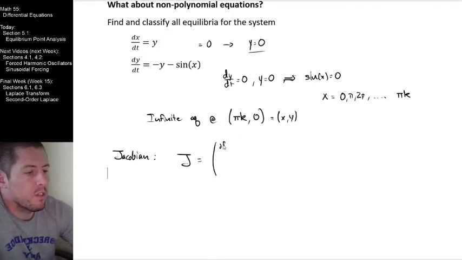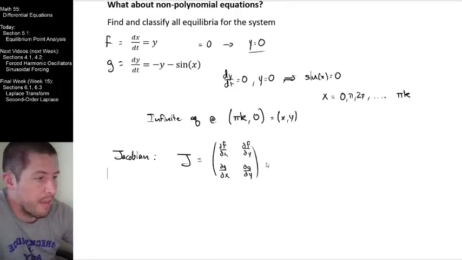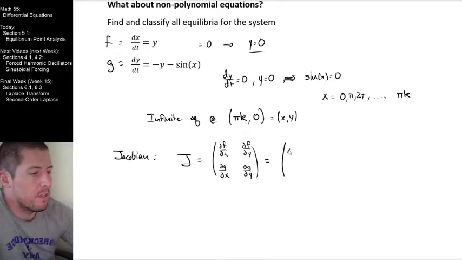Remember that this is the partial of f with respect to x, the partial of f with respect to y, the partial of g with respect to x, the partial of g with respect to y. Remember we always call this our f equation and that our g equation. So what are we going to get for our general Jacobian? The partial derivative of the f equation with respect to x, well, y is considered a constant, so 0.